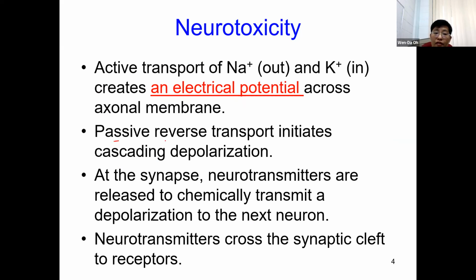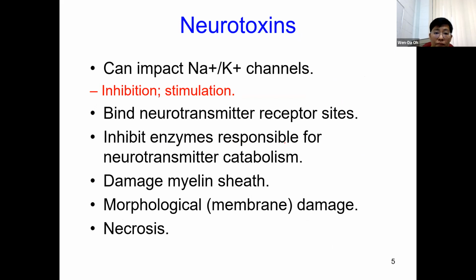You can also have passive reverse transport that initiates cascading depolarization. When we have this neuron connection, we have polarization and depolarization for the signal to be transported from one end to another. So if there's a disturbance, then of course this signal cannot be transmitted. Sometimes when you have this kind of transmission of signal, your neurons will release certain chemicals, for example, acetylcholine. Just to show you.